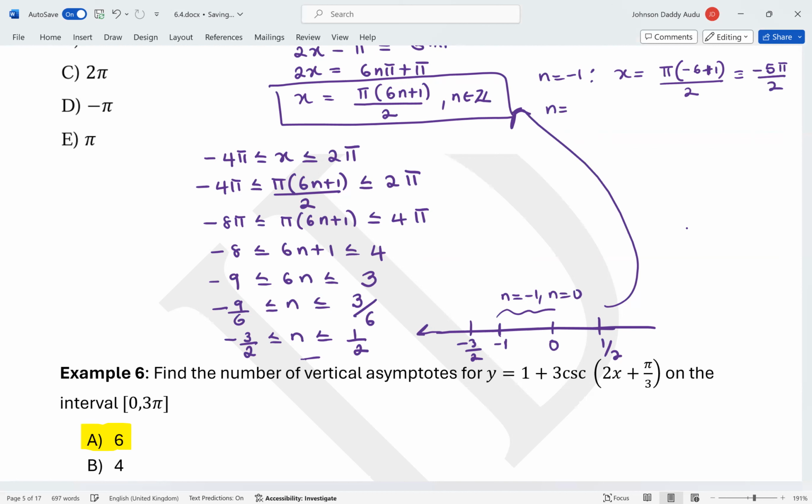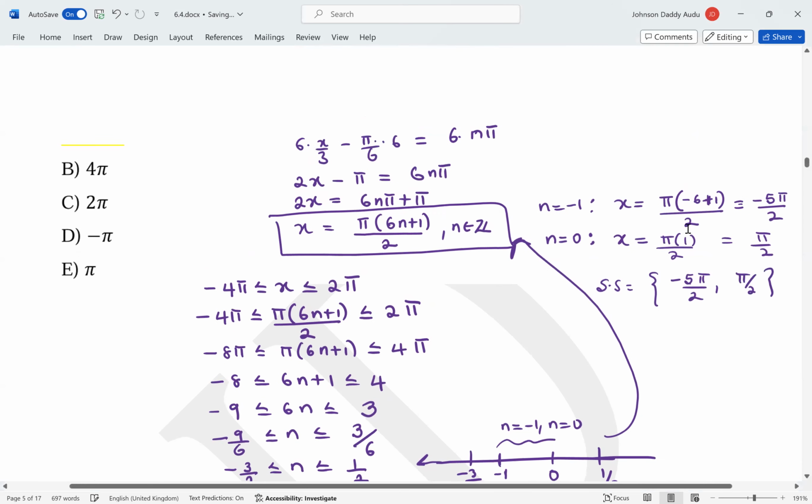If n is equal to 0, we will have pi times 1 over 2, which is just pi over 2. So we have two vertical asymptotes. Our solution set for the vertical asymptotes is minus 5 pi over 2 and pi over 2.